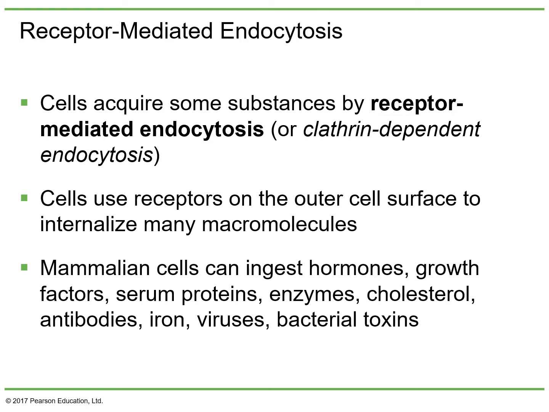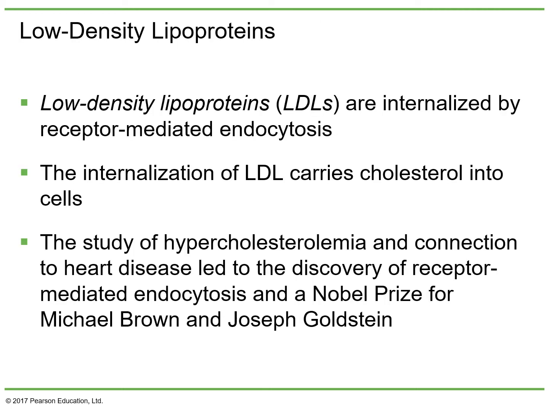The discovery of receptor-mediated endocytosis and its role in the internalization of low-density lipoproteins is actually highlighted in one of the boxes in your reference book. Receptor-mediated endocytosis of low-density lipoproteins carries cholesterol into mammalian cells.